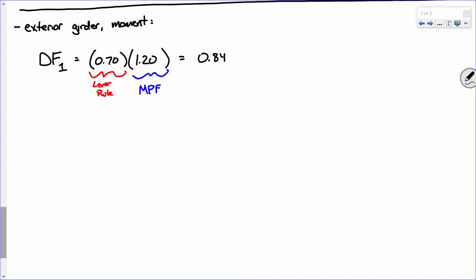Now that's distribution factors for one lane loaded scenarios. For two lane loaded scenarios, this is what we do. We take our distribution factor for the interior girder and we modify it by a modification factor. Now, where am I getting that? I'll show you.